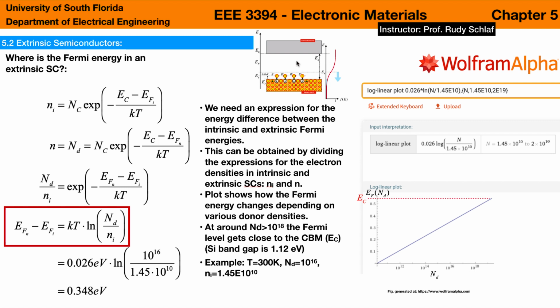In the case of an n-type material, the Fermi energy would shift towards the conduction band minimum. So how can we calculate this new Fermi energy for the doped material? Well, if you recall earlier, we calculated the intrinsic carrier density by multiplying the effective density of states with the exponential function of this difference between the intrinsic Fermi energy and the conduction band minimum divided by kT.